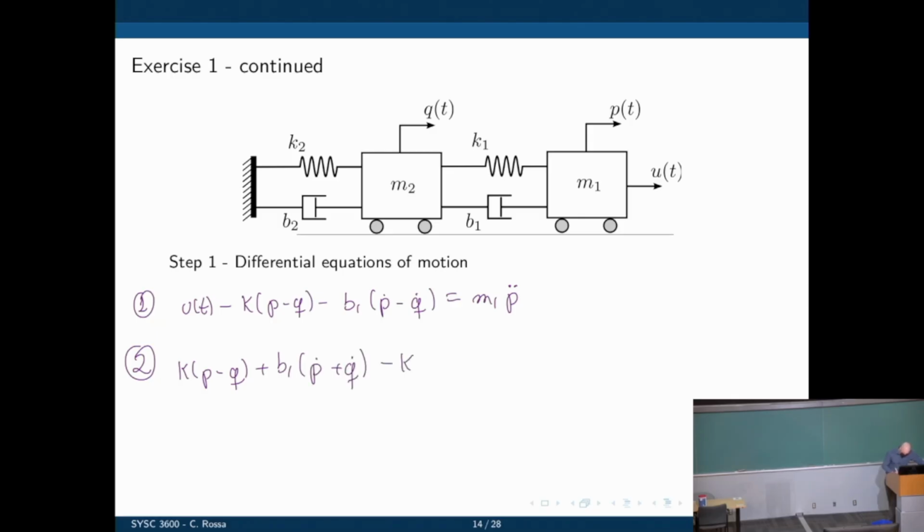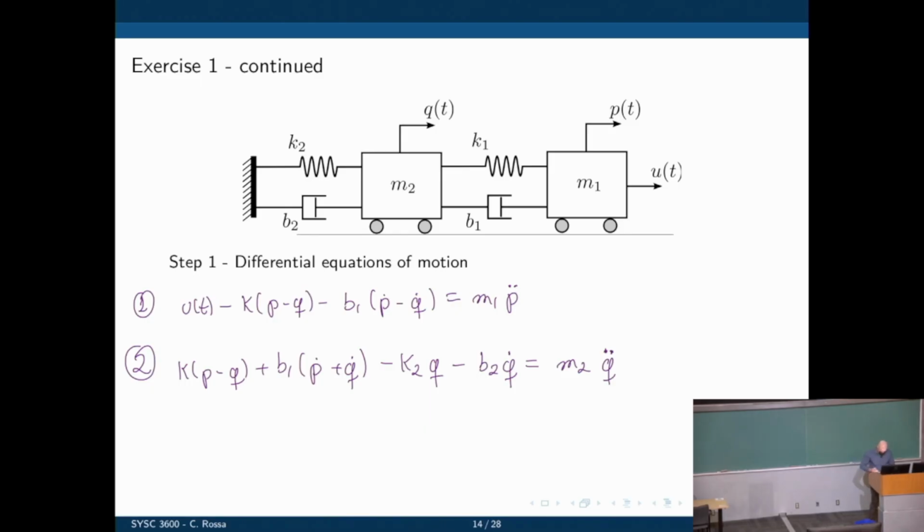And we have K1(P minus Q), and minus K2 times Q, that's the force due to the spring K2, and minus B2 Q dot, that's the force due to the damper B2, and that's equal to M2 Q double dot. Yeah, okay. All right, so here we have the two equations.